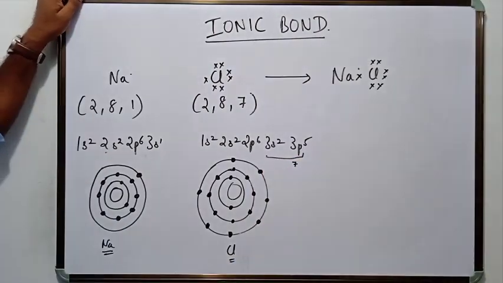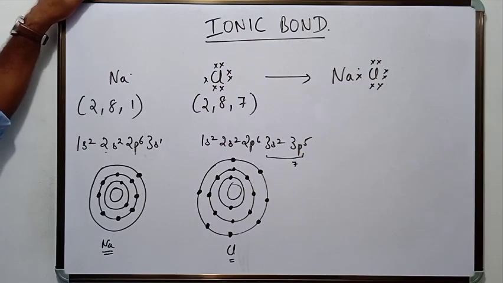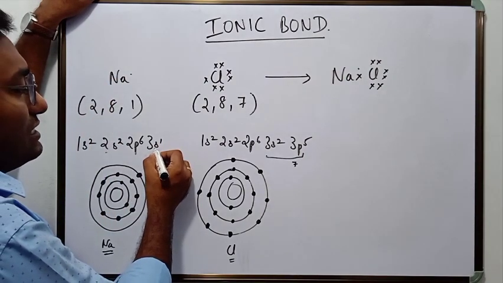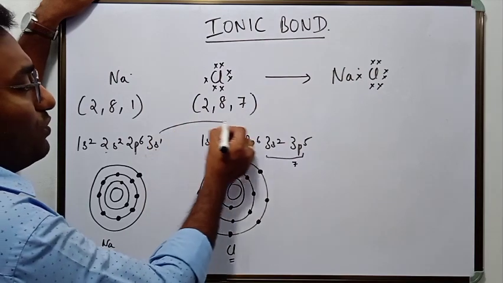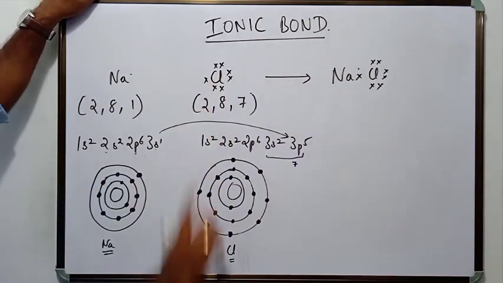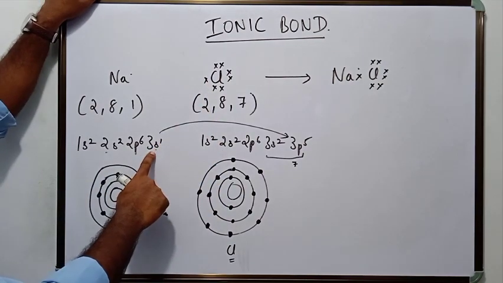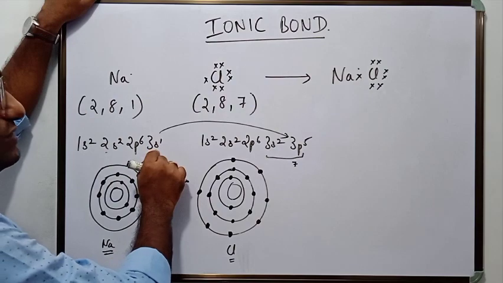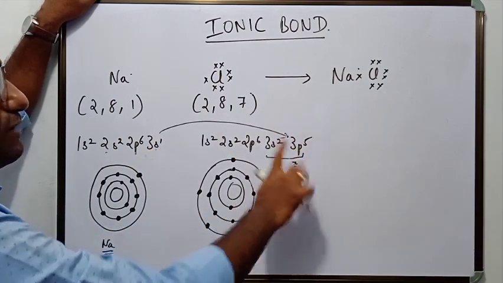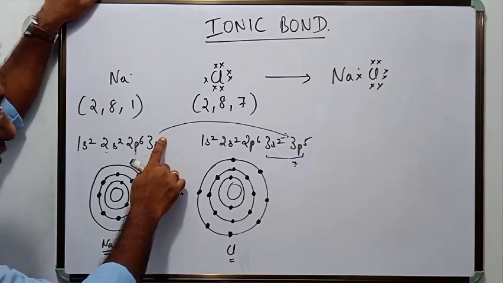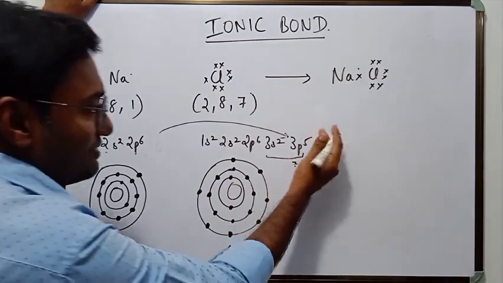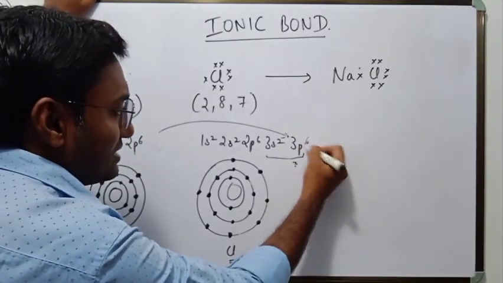To become a stable ion, sodium transfers this electron to the orbit of the chlorine atom, a permanent transfer. Now this shell doesn't exist once the electron is transferred, and in chlorine it becomes 6 in the p orbital.